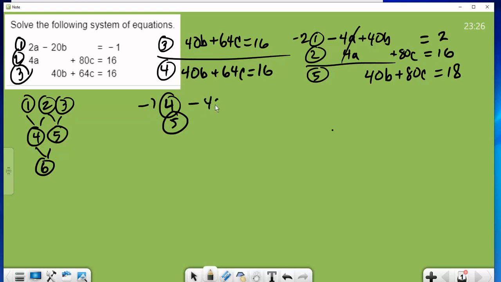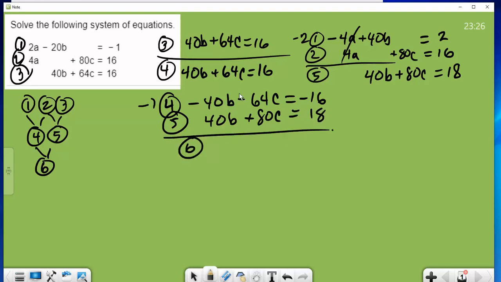So it's negative 40B, negative 64C, negative 16. 5 we leave alone: 40B plus 80C equals 18. This will be my equation 6. The B's cancel, and that is 16C equals 2. Then I divide both sides by 16, and I get C equals 1/8.